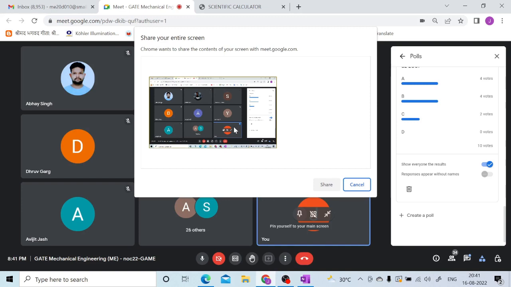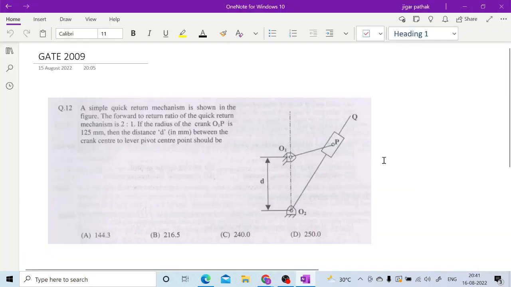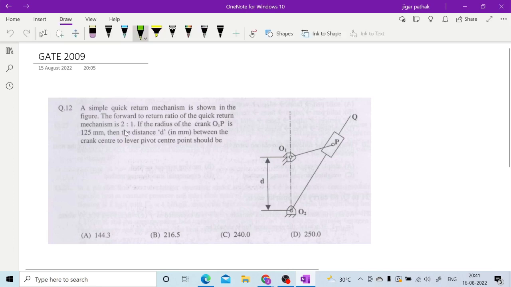So this is a very similar question to what we have just done. Here the quick return mechanism ratio is given as 2 is to 1, so beta upon alpha is 2 is to 1. Again you will find alpha as 120 and beta as 240.